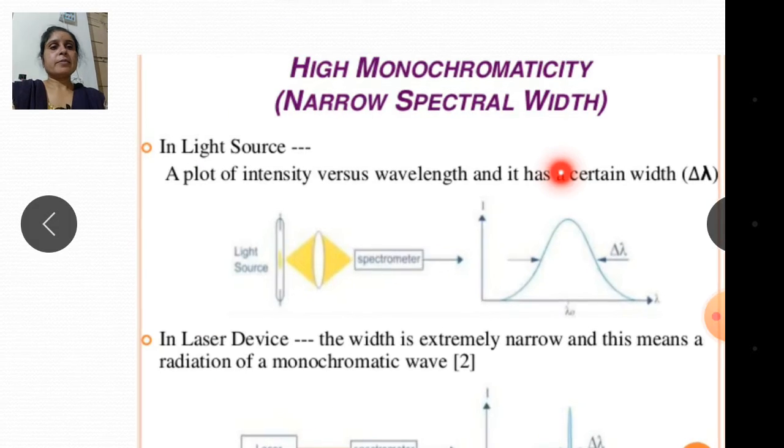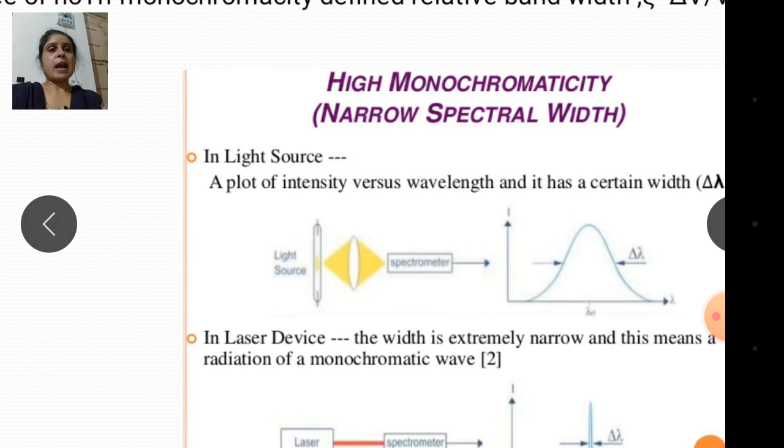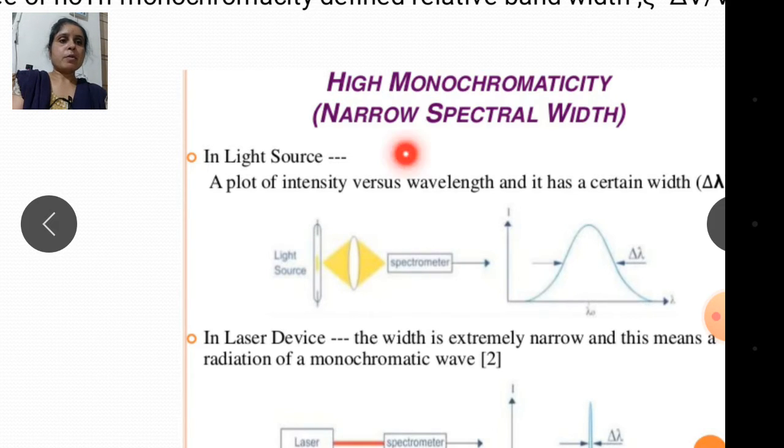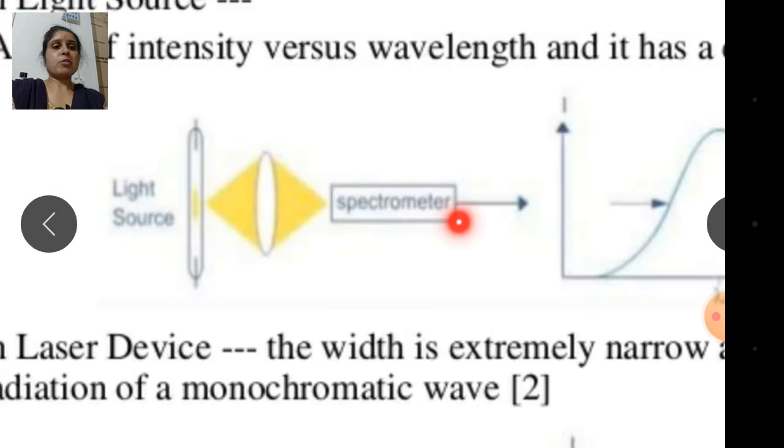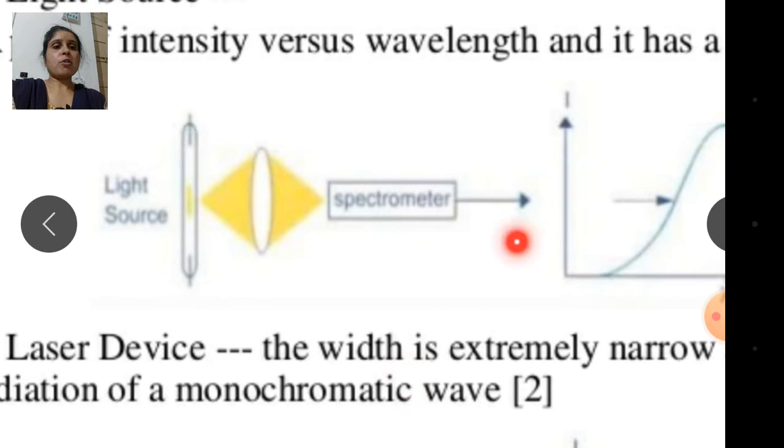See in that figure how high monochromaticity produces a narrow beam of spectral width. First, see the light source, which emits into a spectrometer, and we get the intensity versus wavelength plot.